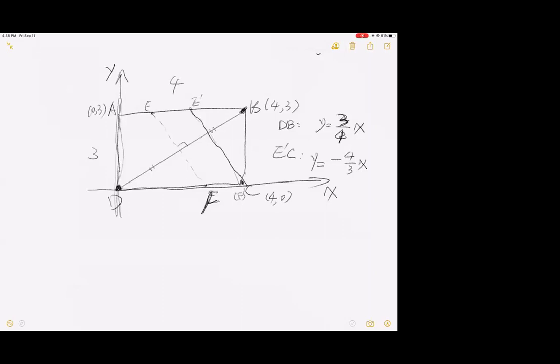So y minus 0 equals negative 4/3 times (x minus 4). So that's y equals negative 4/3 x plus 16/3.